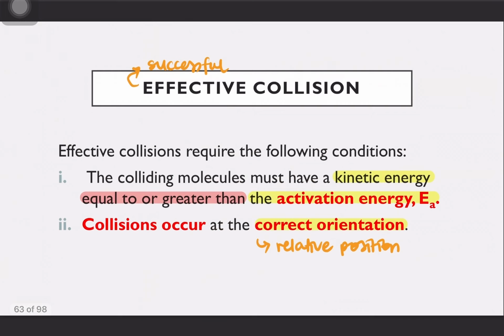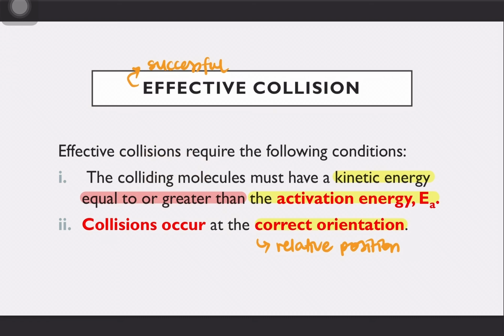So what is effective collision? How do we get a successful collision so that we get our products? It will only happen under these following conditions, where the colliding molecules must have a kinetic energy equal to or greater than the activation energy EA.